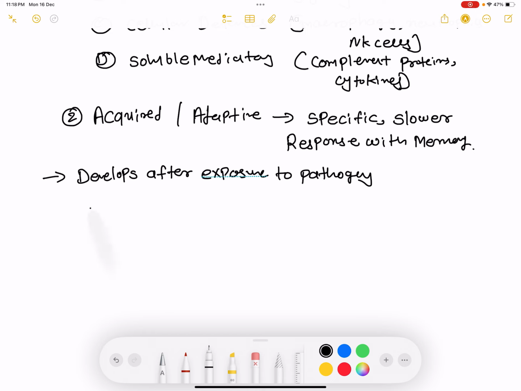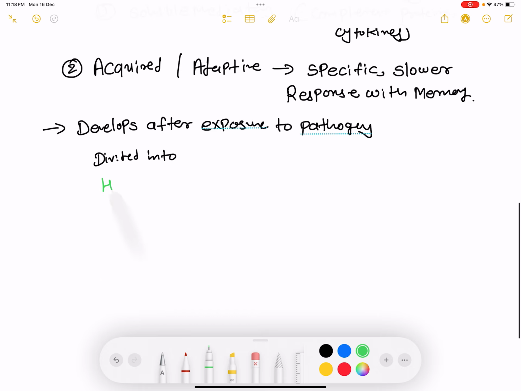Adaptive immunity is divided into two types: humoral immunity and cell mediated immunity.